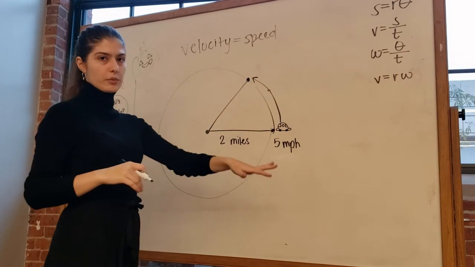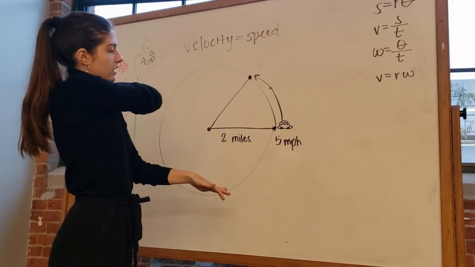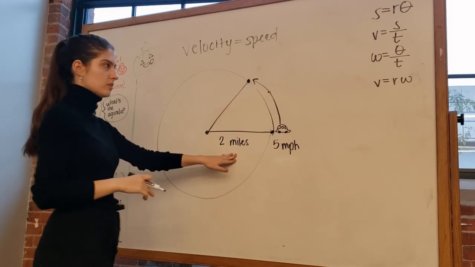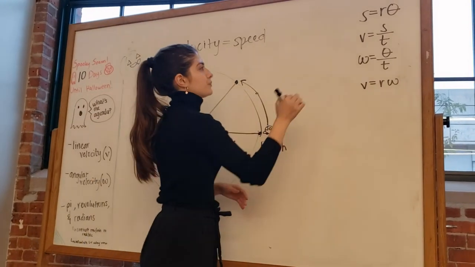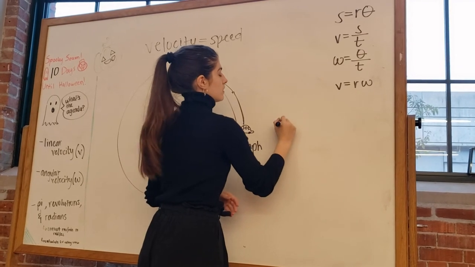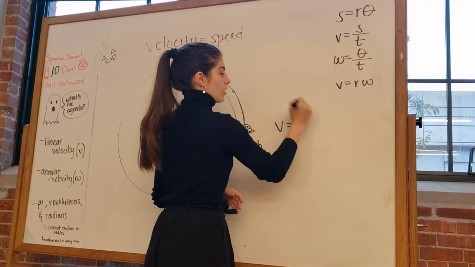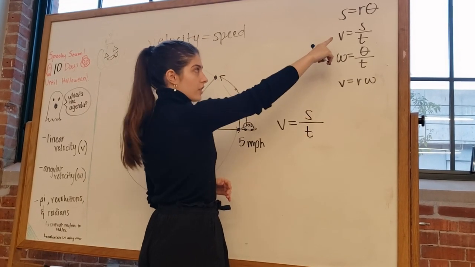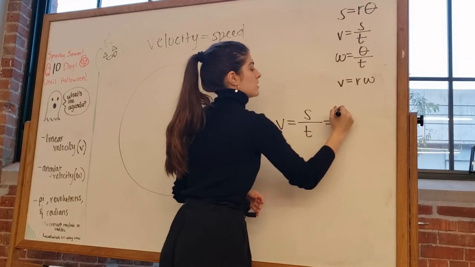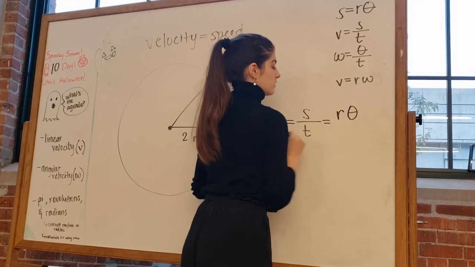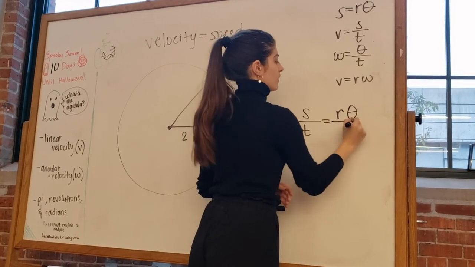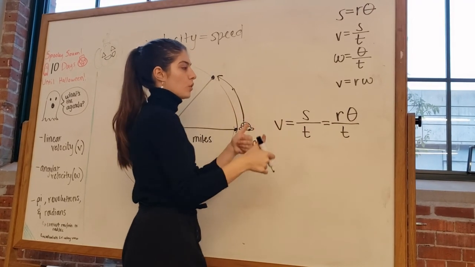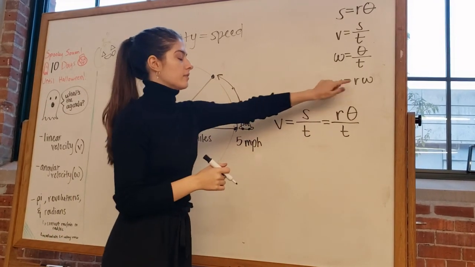So let's start with the example we were doing earlier, right, where we had a car going 5 miles per hour around a circle that has a radius of 2 miles, all right? So we know that v, right, our velocity equals our arc length, s, over time. Our arc length is the same thing as the radius times theta, all right, over time. Yeah, this equals this. Cool. That's how we discovered that, right?